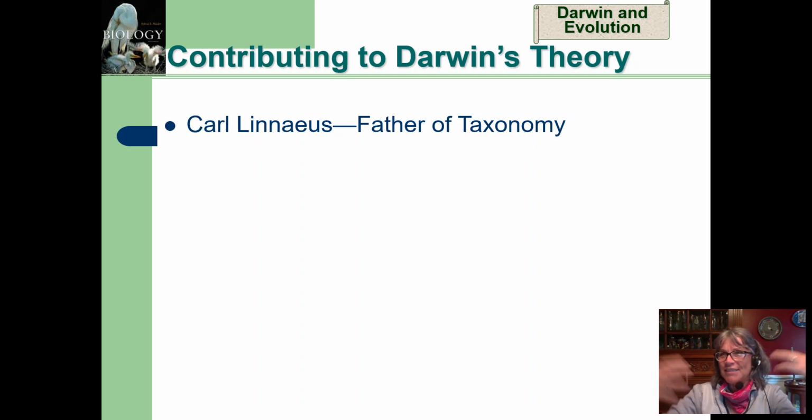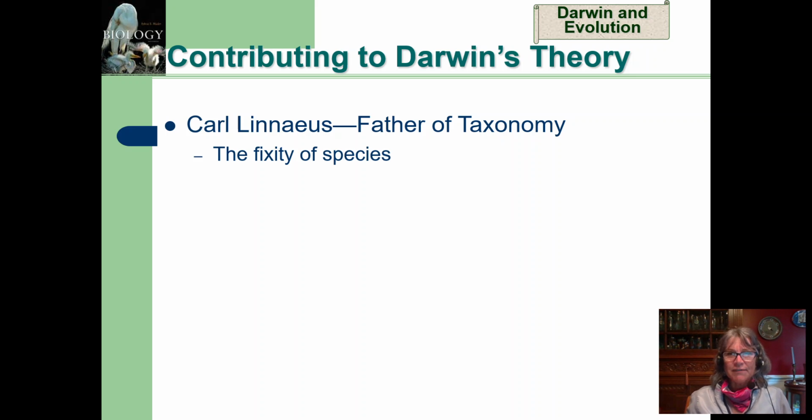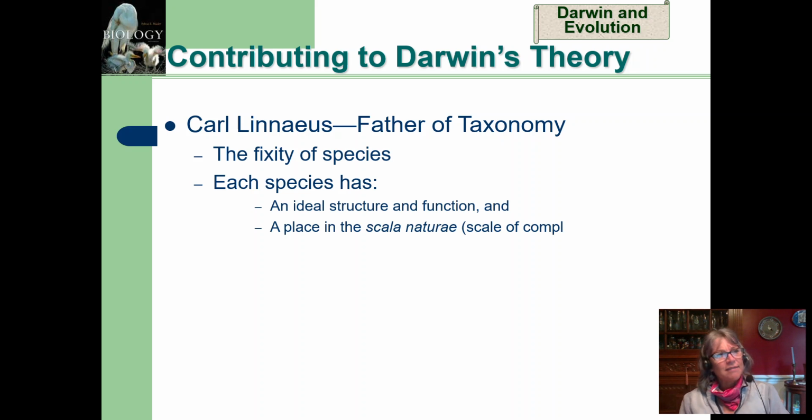But despite having all of these students who are on these research journeys, traveling, coming back with all sorts of samples, he really believed in this fixity of species, that each species has this ideal structure and function for it in this place on the scala naturae, the natural scale of complexity that went, didn't know about bacteria at the time, but from the smallest, most insignificant worm up through humans, and then angels were one step ahead. And everything was in that structure on that scale and never moved.